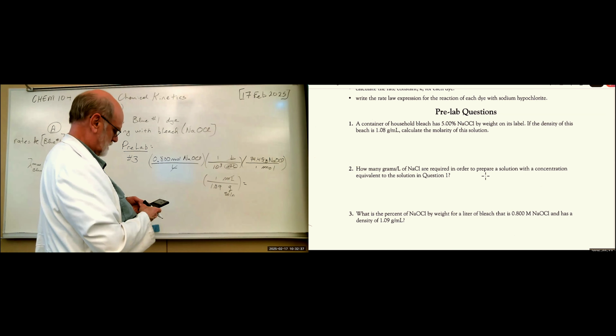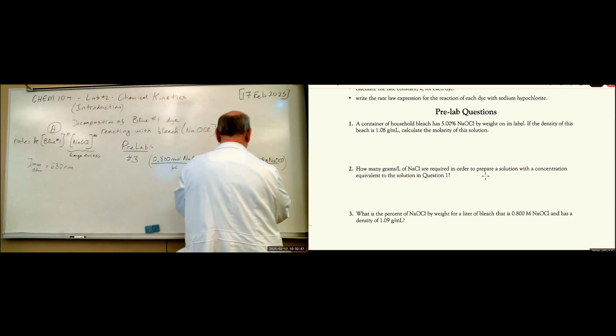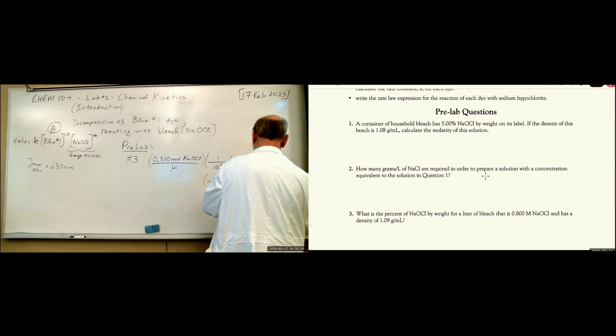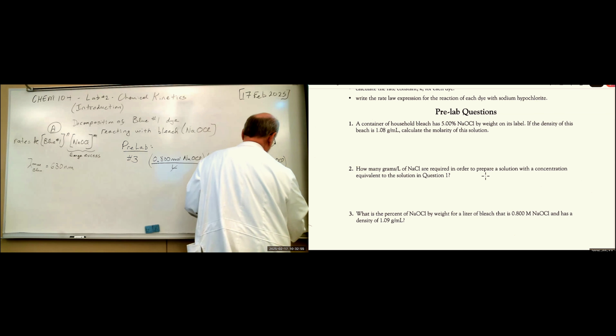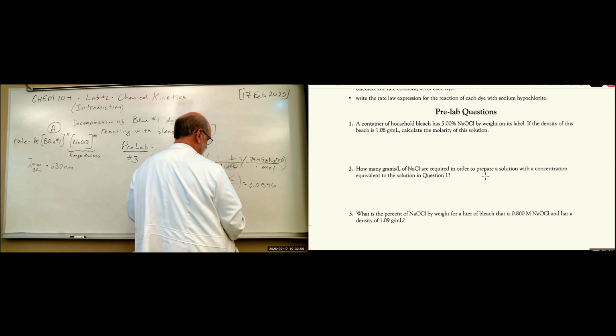So 0.8 divided by 1,000 and 74.45 times 1.09, and that's 0.0546, and that's a fraction. So what we want is multiply by 100.